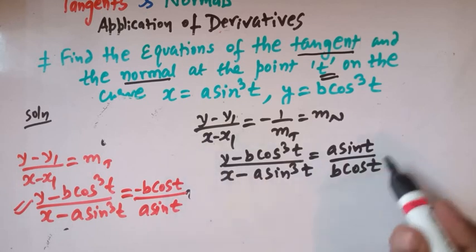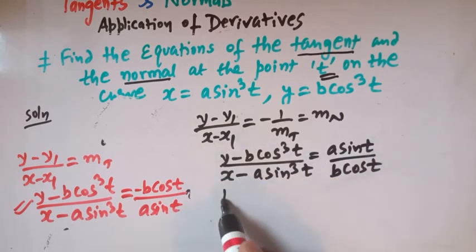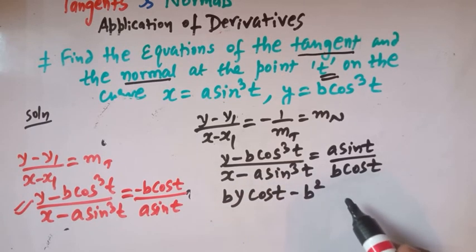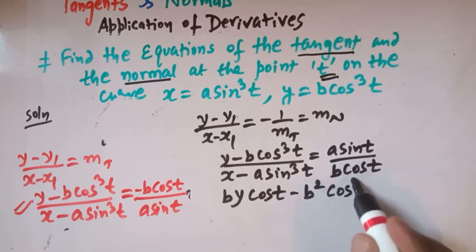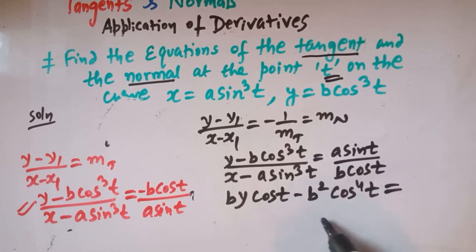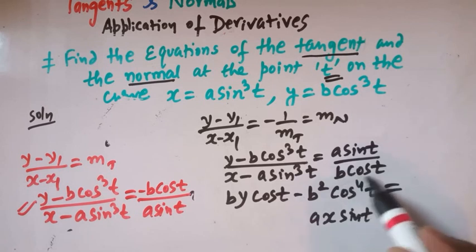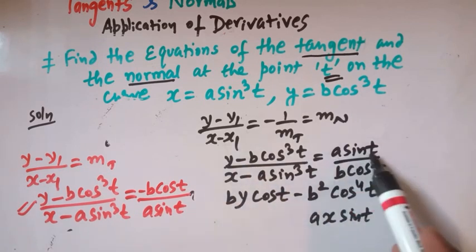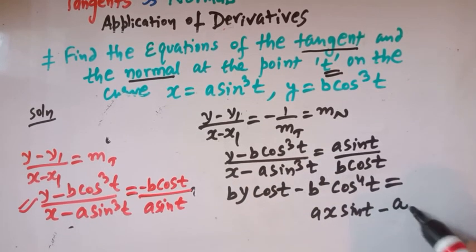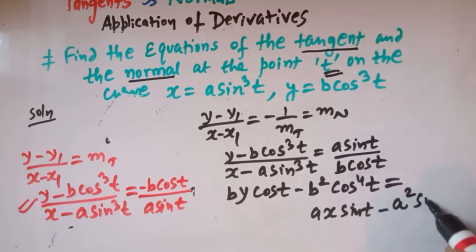Clear? Now we cross multiply, so we'll have by cos t minus b square cos 4t is equal to ax sin t, where we multiply b cos t with this term and a sin t with this term. So ax sin t minus a square sin 4t. Clear?